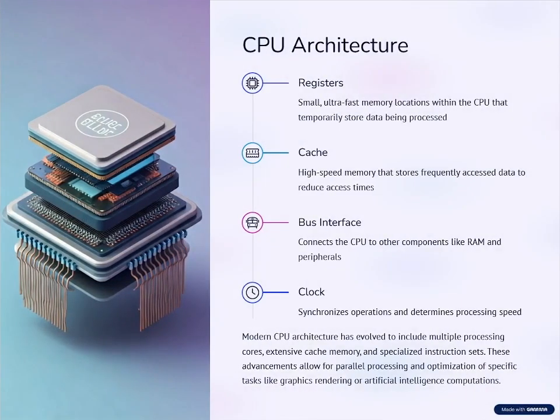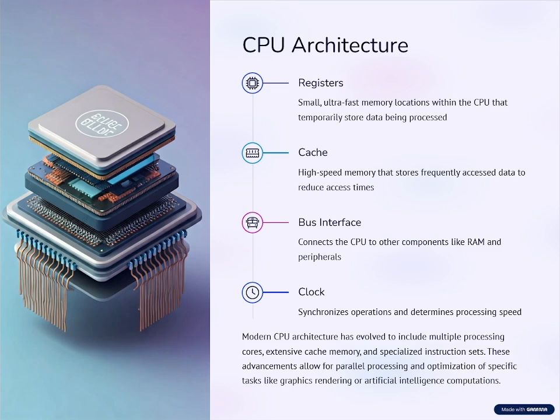Now, the architecture of a CPU or a processor. The architecture of a CPU, this is how it looks like. In a CPU, we have what we call the registers. The registers are small, ultra-fast memory locations within the CPU that offer temporary storage of the data being processed, meaning that it will always store what we call the program counter and some other details of a given process.